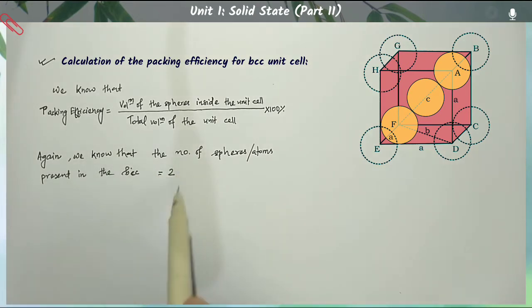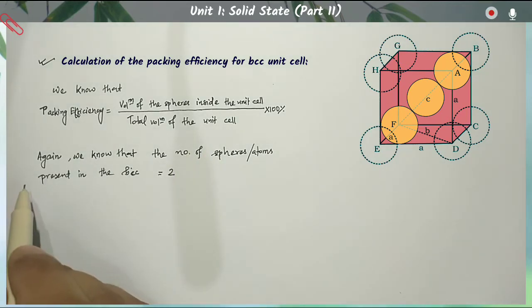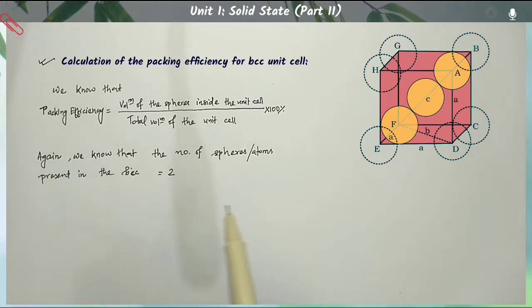We have already discussed the calculation of the number of atoms present in different unit cells in the previous class. If you haven't gone through that video, then please go through it. So now we have the number.